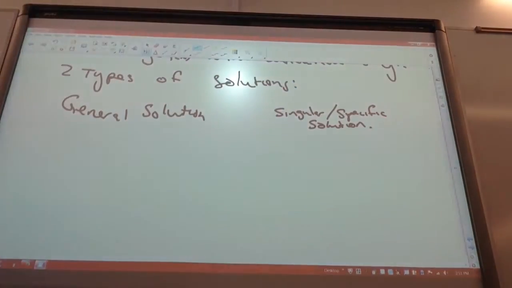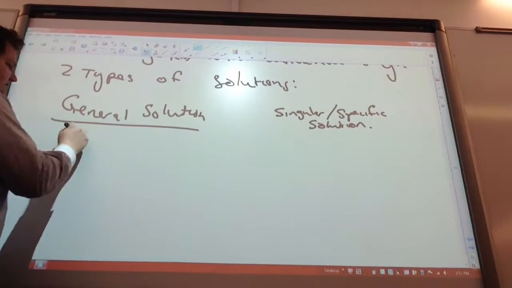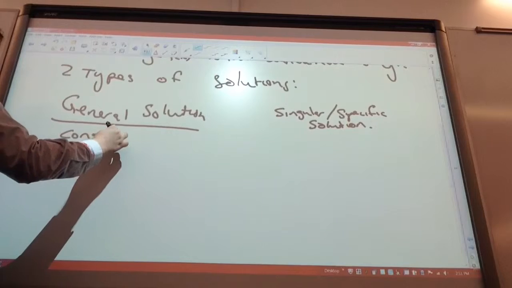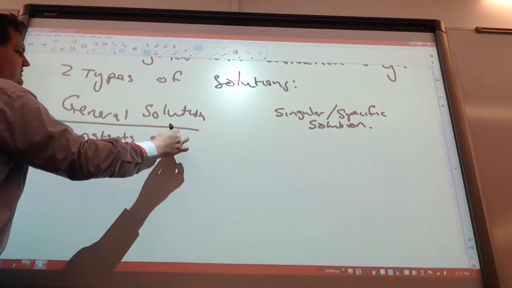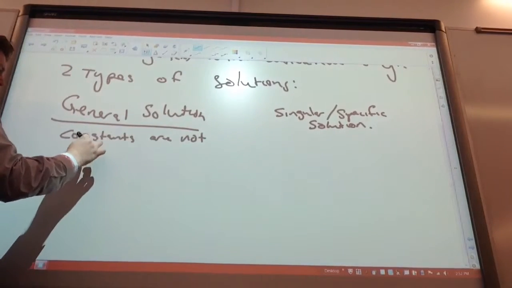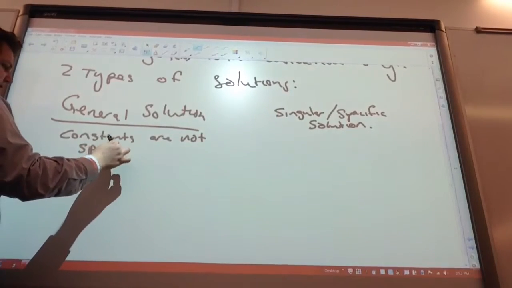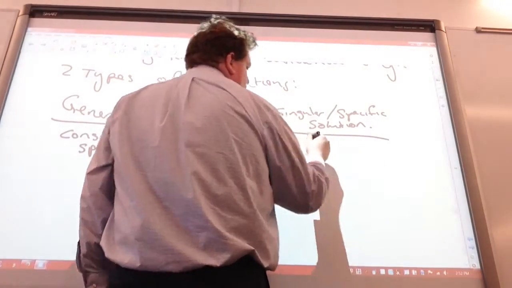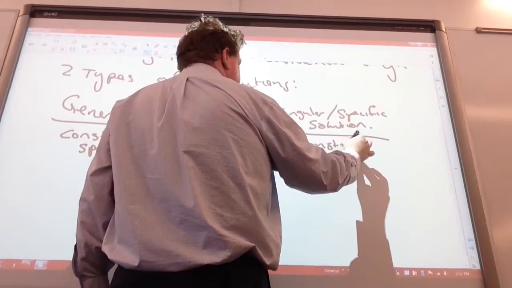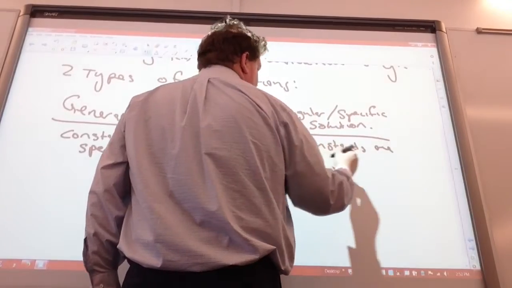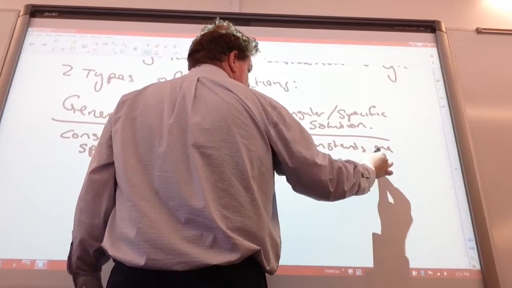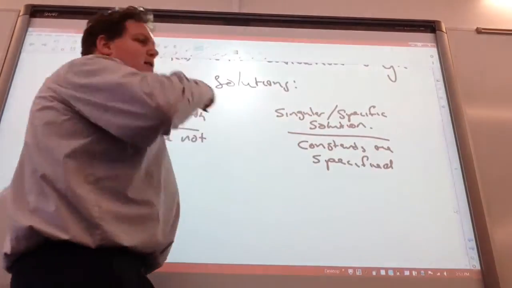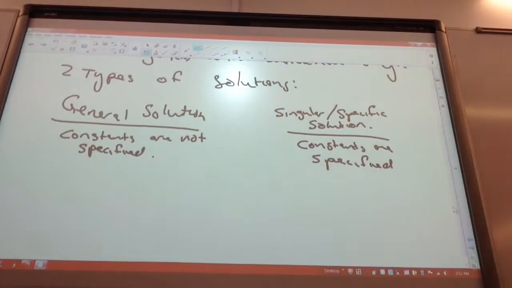The difference between the two is that with general solutions, constants are not specified, while with a singular or specific solution, constants are specified, meaning you're actually given the constants.